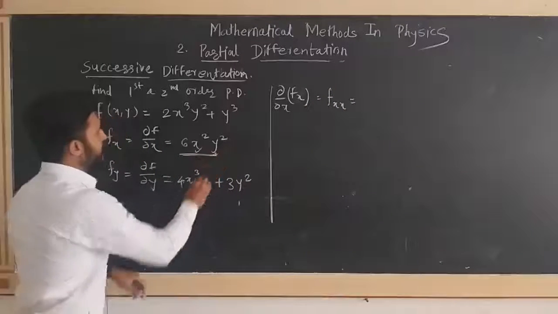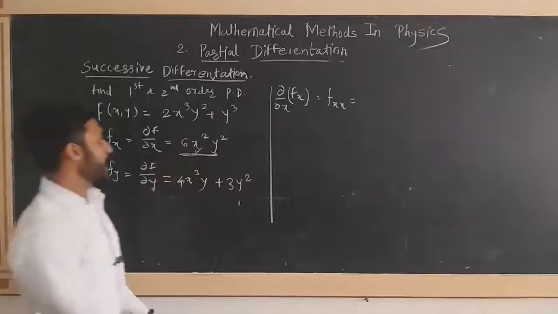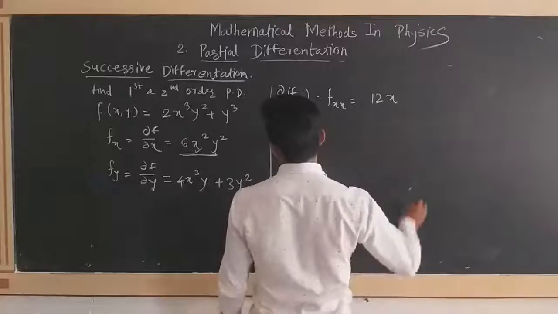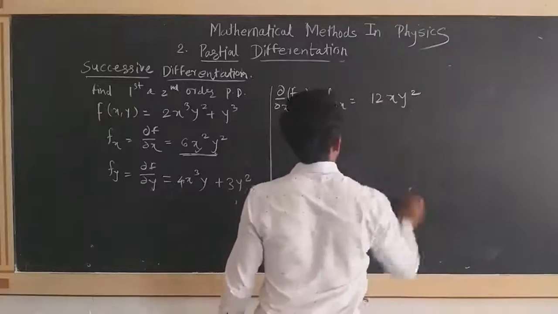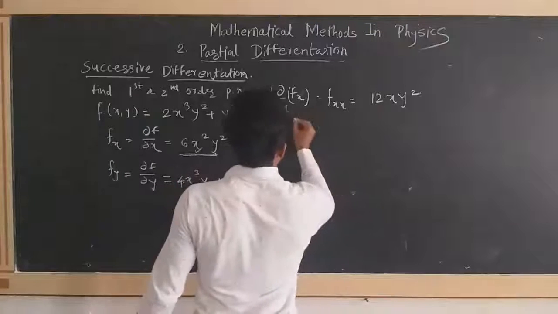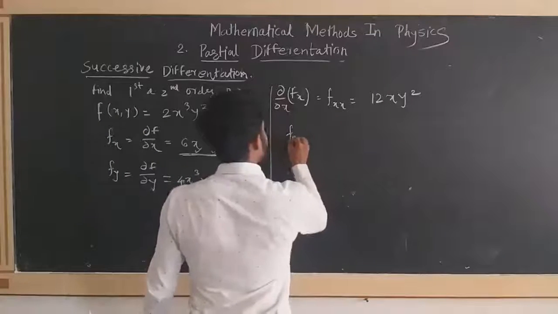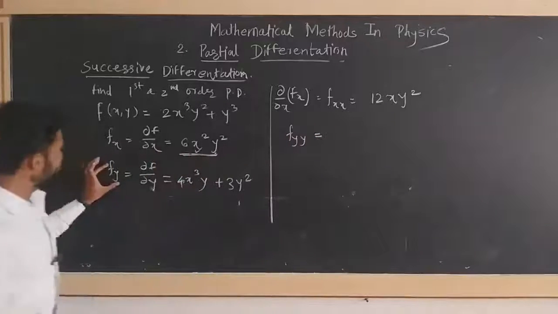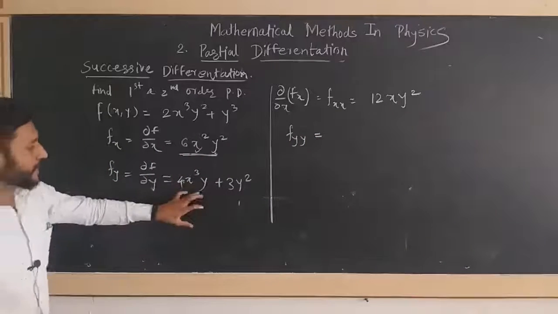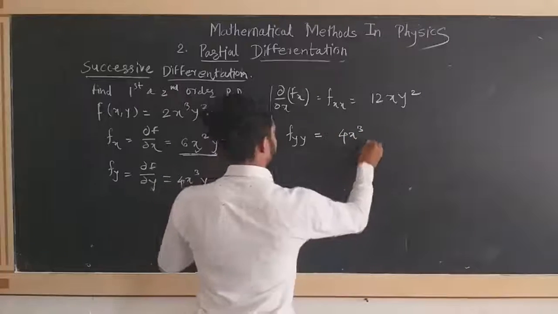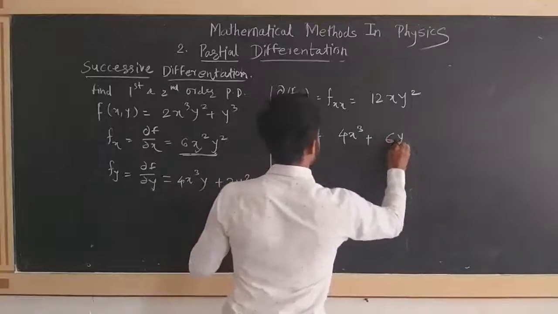Again differentiate this fx with respect to x, so we'll have 12xy². Okay, and we can find out fyy. This fy differentiate with respect to y, so here we'll have 4x³ + 6y.